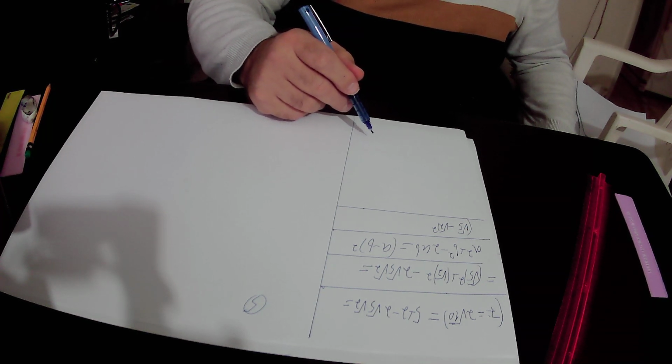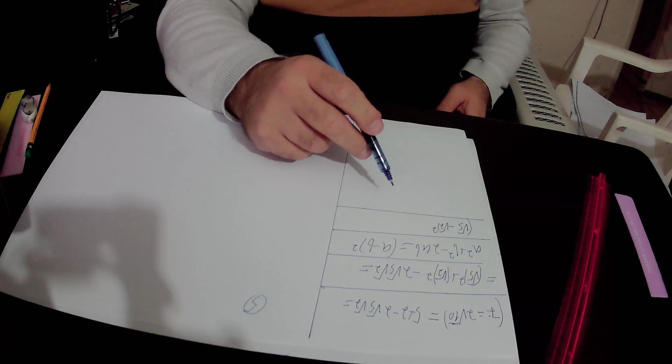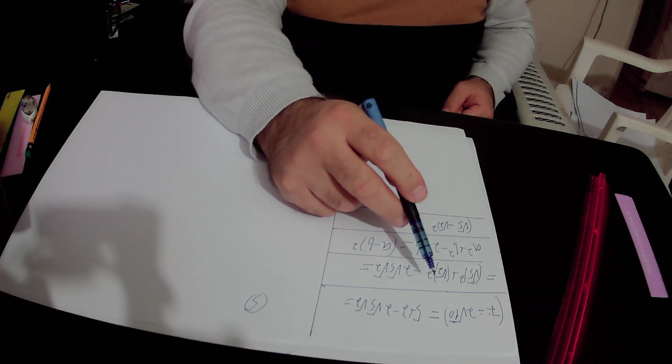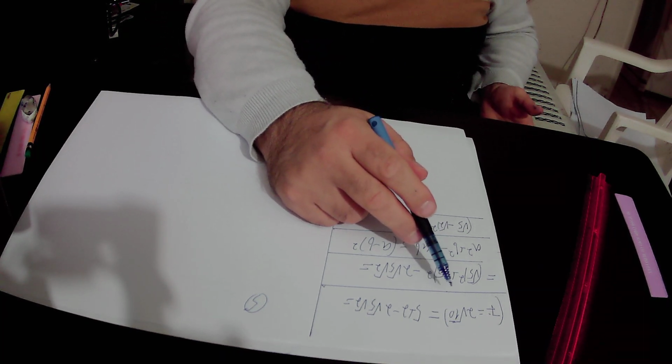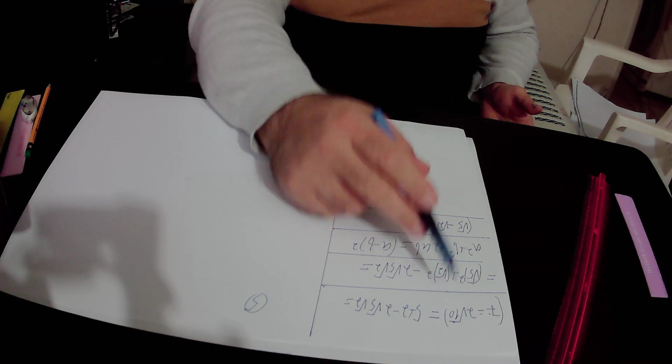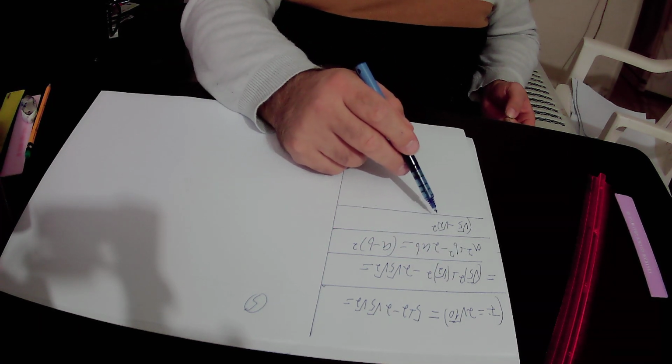That is to say, we can substitute the original expression that is inside the root, that is 7 minus 2 times square root of 10, by (square root of 5 minus square root of 2) squared.